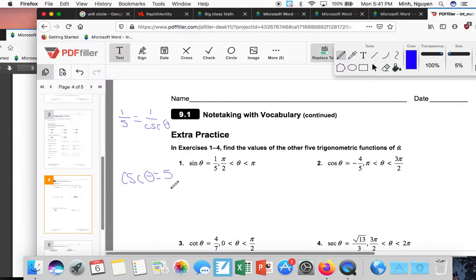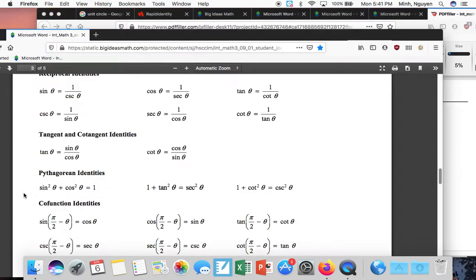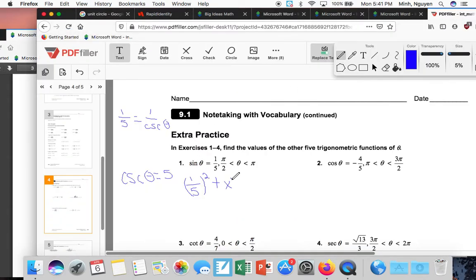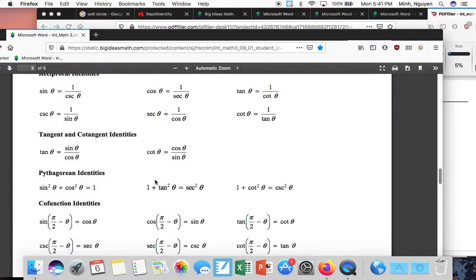So I can go ahead and write sine squared plus cosine squared. And since the drawing is so time consuming, I'm just going to replace cosine squared with x squared, and then we'll replace it with cosine later. Equals 1.